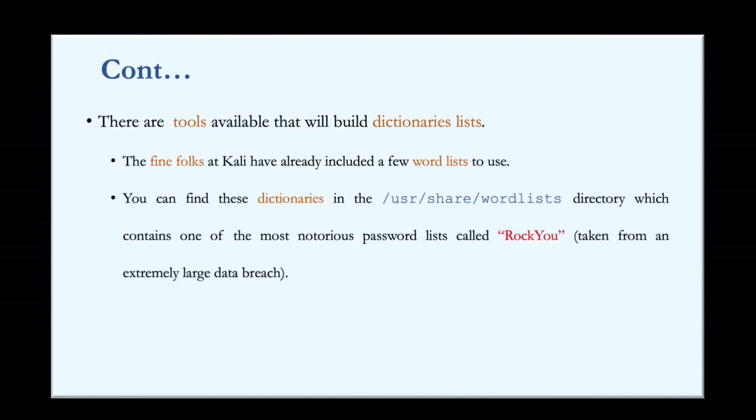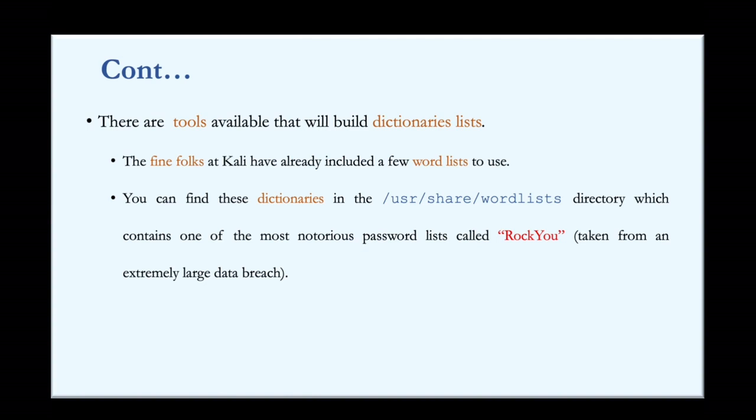It contains one of the most notorious password lists, called rockyou, which is taken from an extremely large data breach. This very large list of combinational, potential passwords is in rockyou.